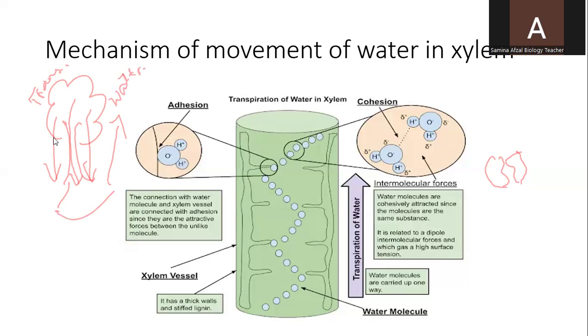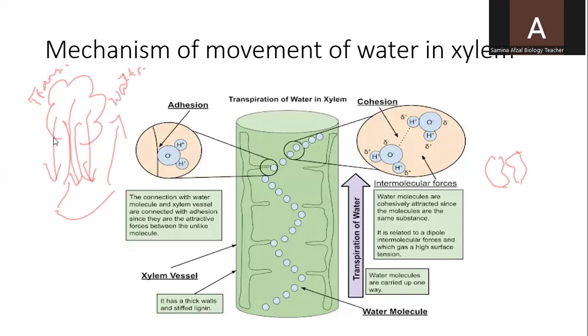At that time, these forces which I have told you, cohesion and adhesion, are very important to move it in the upward direction. First of all, when water has to move in the upward direction, the water molecules are there. And these water molecules, you know, are joined with one another with partial positive or negative charge on oxygen and hydrogen.